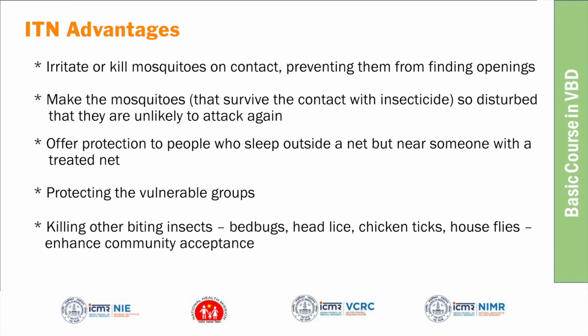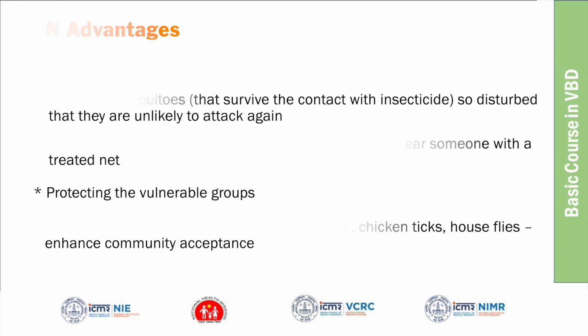It offers protection to people who sleep outside a net but near someone with a treated net, protecting the vulnerable groups, particularly children and pregnant women. They not only kill, they prevent mosquitoes from feeding, killing other biting insects, bed bugs, head lice, chicken ticks, house flies, so the community acceptance is very high.